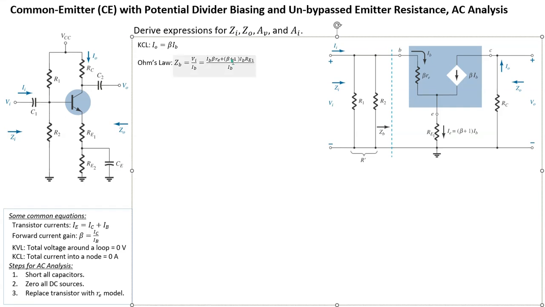In typical discrete component circuits, the value of beta for transistors is typically quite large. It's typically in the hundreds, so beta plus 1 can be approximated to just beta, because it's so much bigger than 1. So let's just capture that.